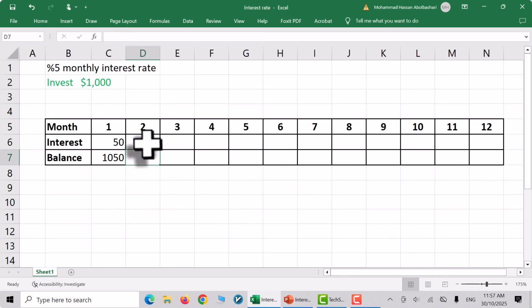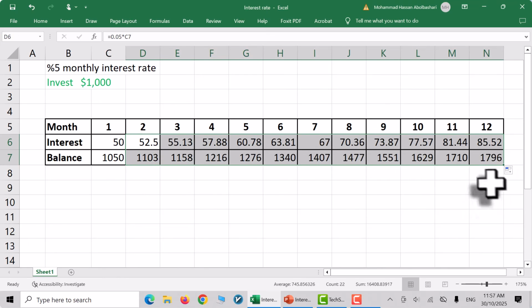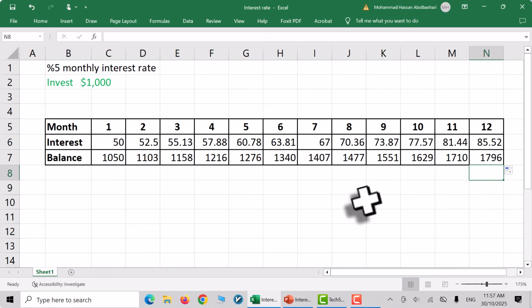That's my interest for the second month, and my updated balance is going to be this interest plus my previous balance. We can go ahead, select these two cells and expand it until the end of 12 months. And as you can see, I've quickly generated my interest earned in each month and my balance at the end of each month. And I finally got to that figure of $1,796.